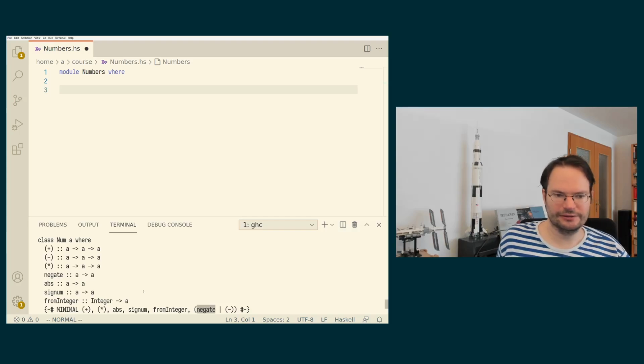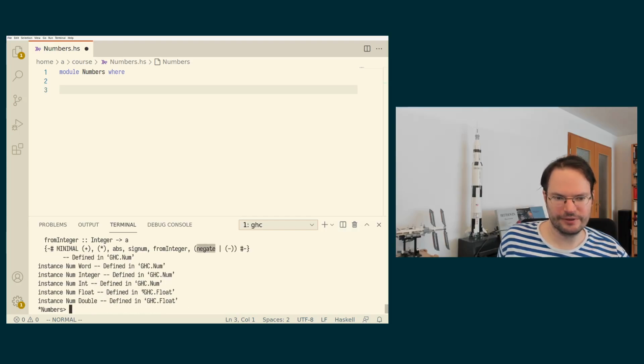And let's have a look at what instances we already have to work with. We have Int, Integer, Float, Double, and Word available as a basis. So let's first talk perhaps about Int and Integer, which I think I've briefly mentioned before, but probably not in very much detail.